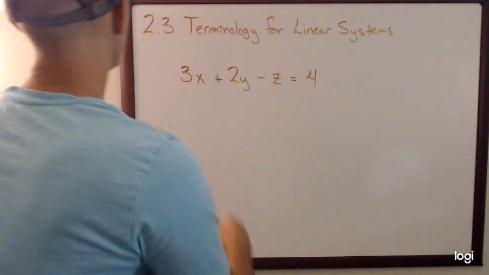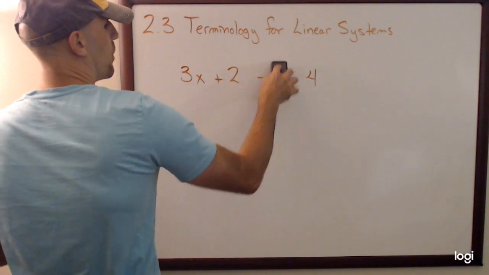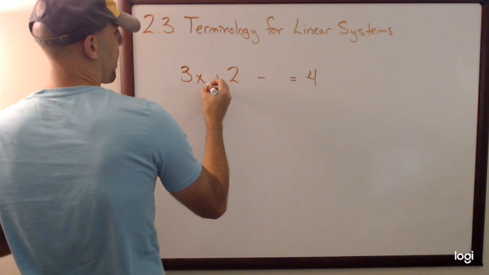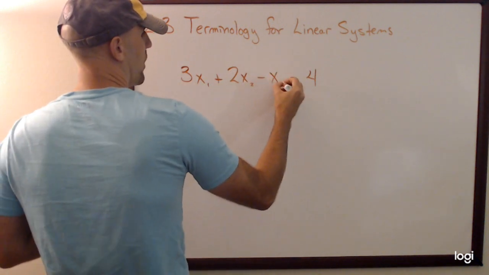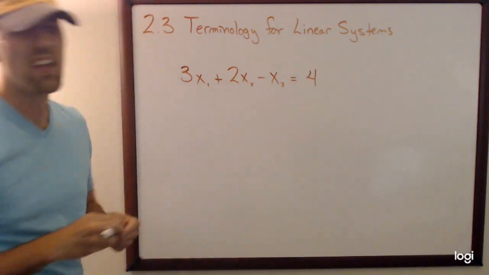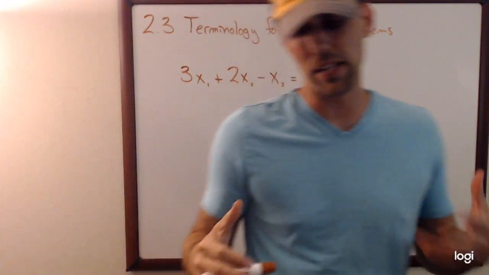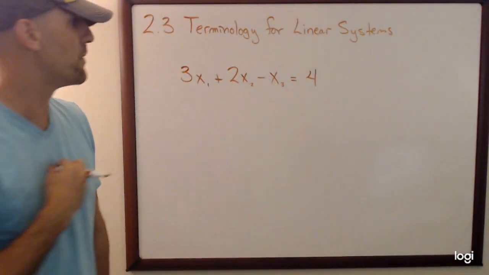So as a convention for this course, whenever we write things like this, we'll just call the first variable x1, the second one x2, the third one x3, so on and so forth. That way we don't have to worry about having to come up with lots of different letters in case we have a whole bunch of variables. Okay? All right, fair enough.